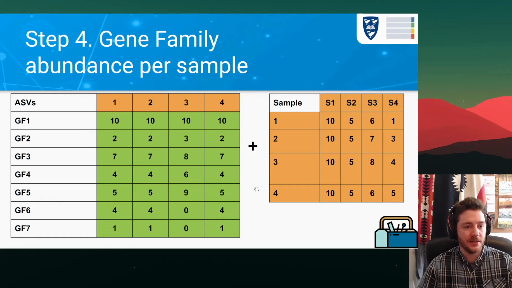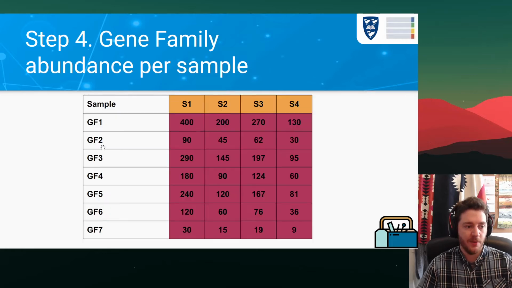It then has our sample abundances, so our samples S1, S2, S3, S4, let's say, and our ASVs 1, 2, 3, 4. These numbers have been normalized by the 16S copy number. We combine this ASV table with our gene family abundance per ASV table. And now we have a gene family abundance by sample table.